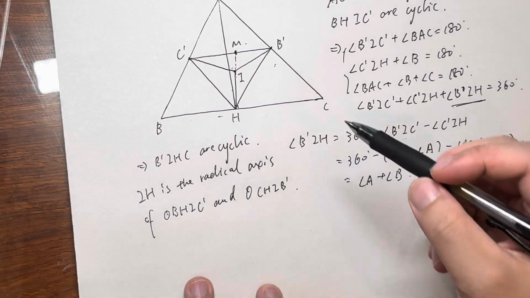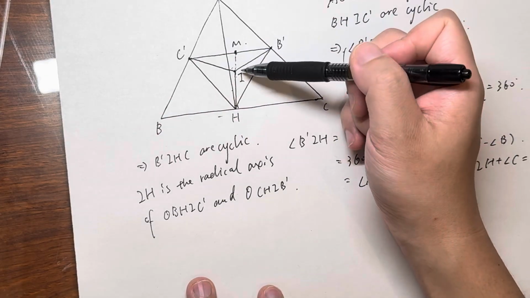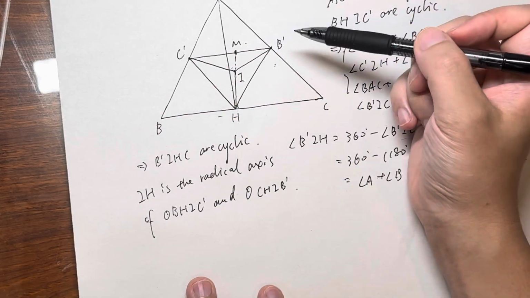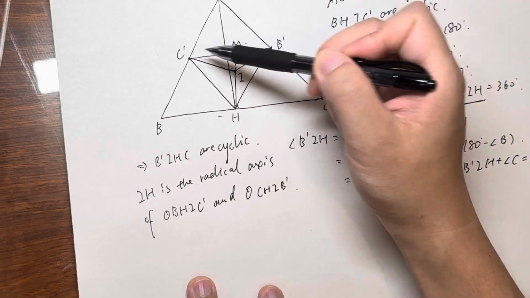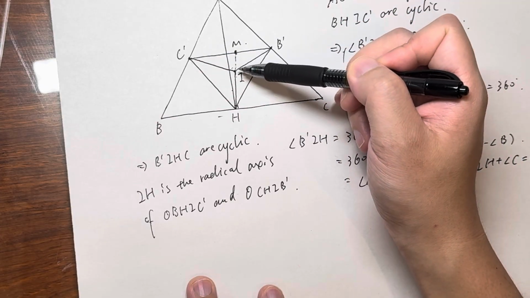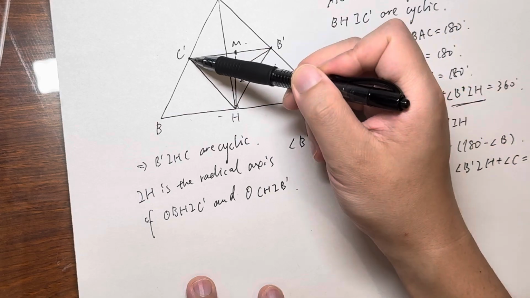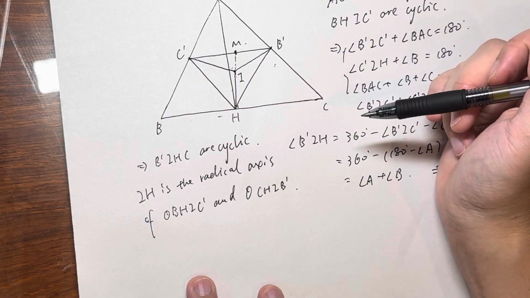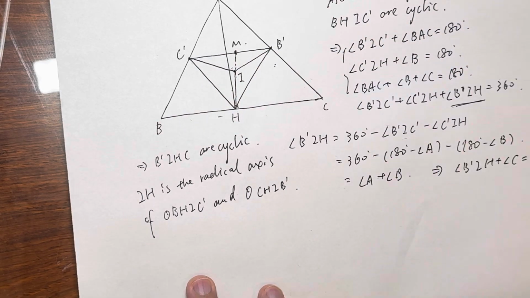Okay, so let's think about how to prove that MC' is a tangent line of the circle HIC'B, right?